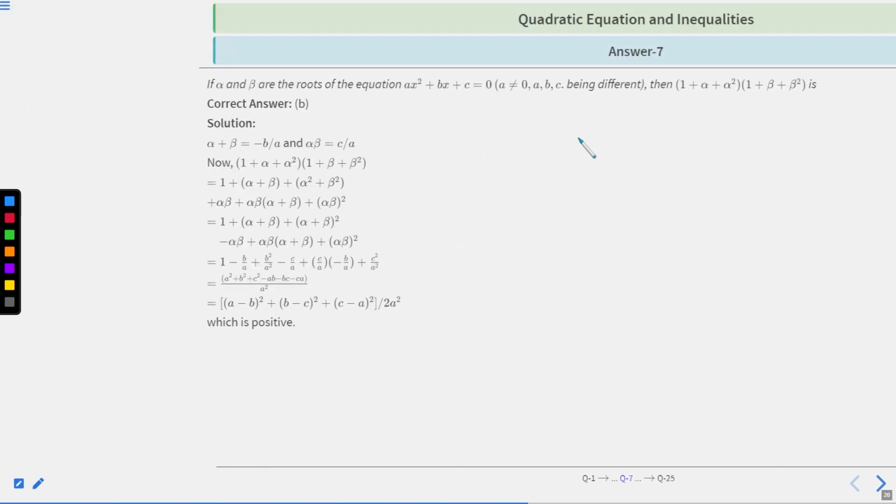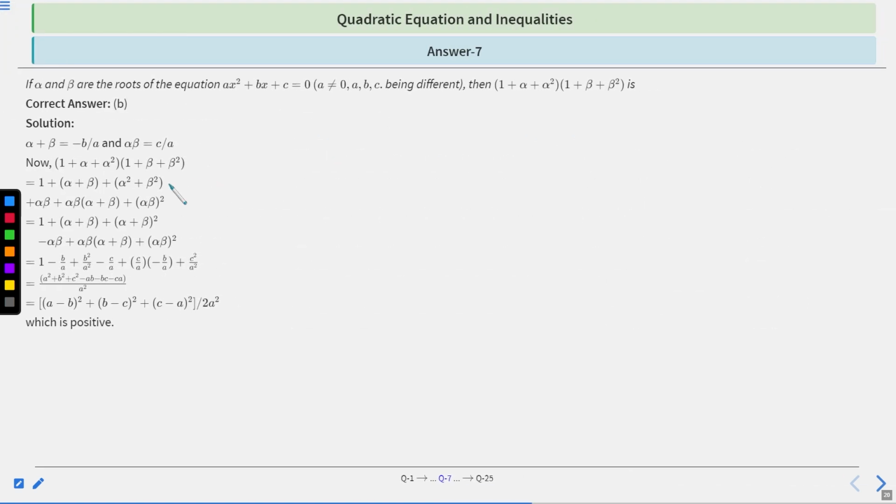Okay, let's discuss the solution. As we know that sum of roots, which is alpha plus beta, is minus b by a, and product of roots alpha into beta is equal to c by a. Now 1 plus alpha square into 1 plus beta square. So after solving this, we get 1 plus alpha plus alpha square plus beta square plus alpha beta into alpha plus alpha beta square.